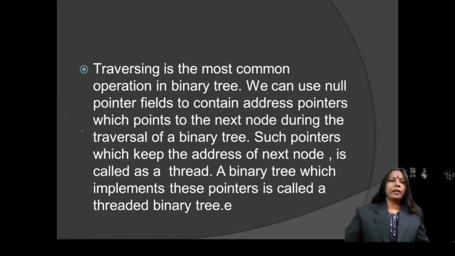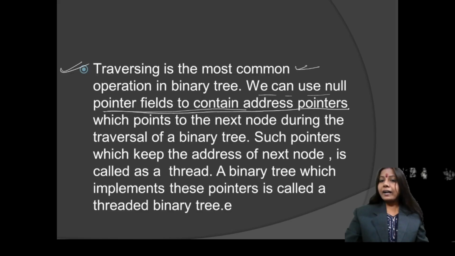Notice that: in a binary tree we can use the null pointer field to contain an address pointer which points to the next node during the traversal of a binary tree.